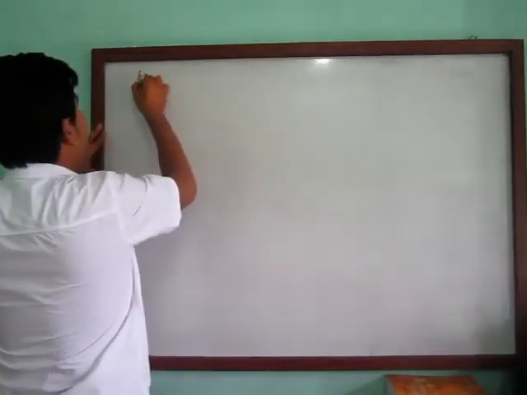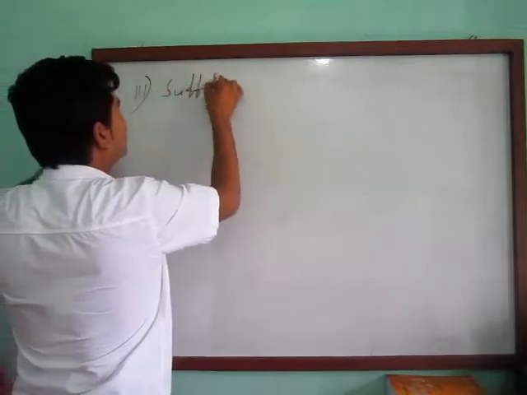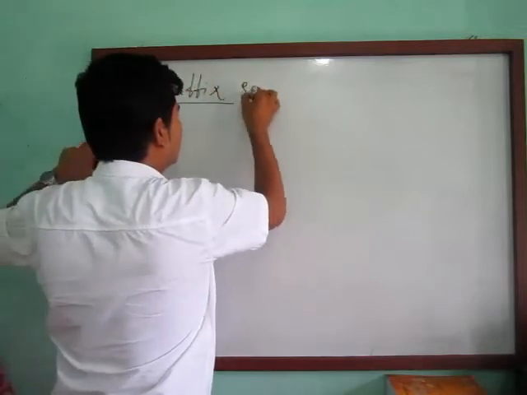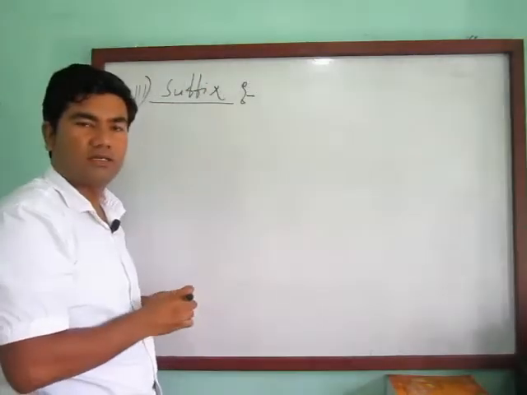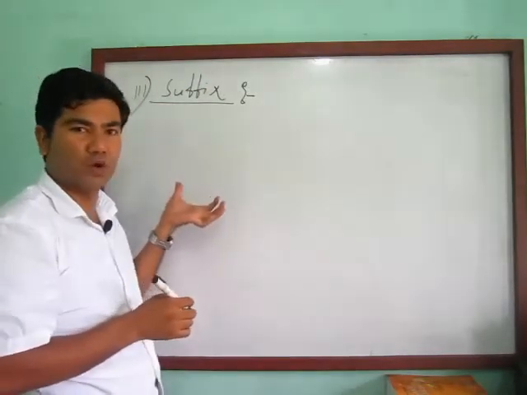So the last one is suffix. Suffix is also the part of the name which appears after the word root.